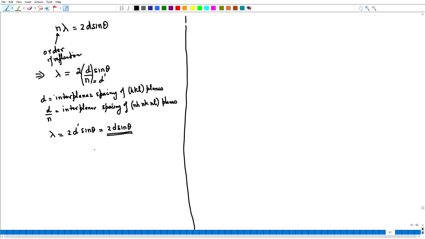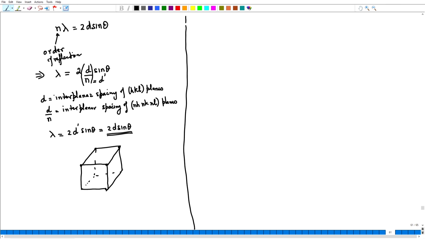Here, let us take an example. Let me consider diffraction from a unit cell. Well, let us say I have atoms only at the corners.